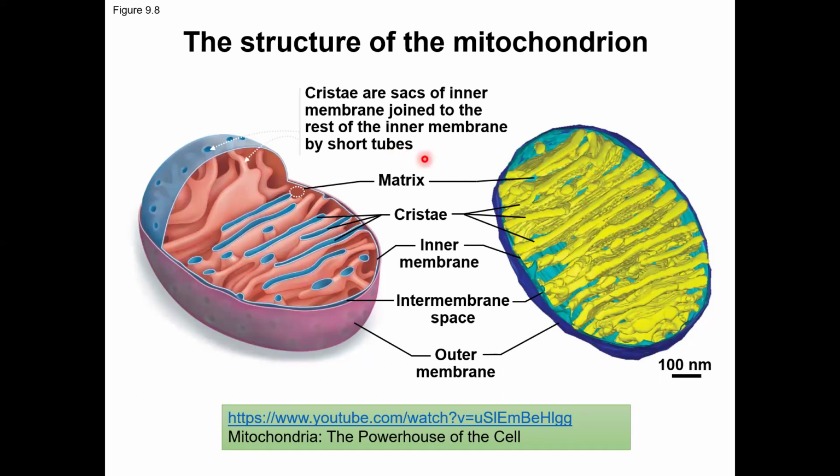But essentially, these are some core parts of the mitochondria, where the cristae is the sac of membranes joined to the rest of the inner membranes that you see here. Then there's the matrix, the cristae, the inner membrane, the intermembrane space, and the outer membrane.